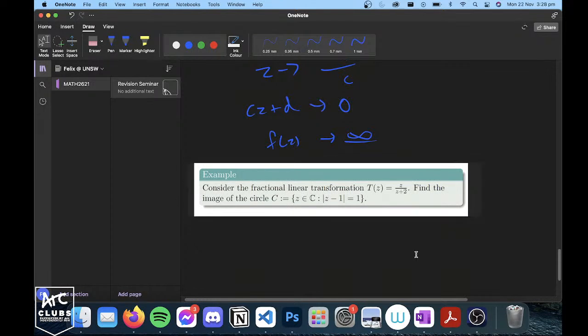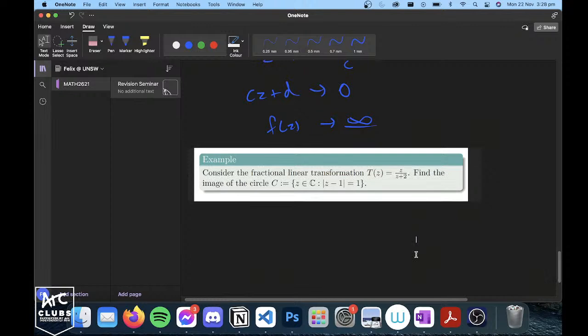If you find out that it's a line, all you need to do is find 2 points, and you're able to find the equation of that line. Otherwise, it can be a verifier that verifies your result. So consider the fractional linear transformation Tz is equal to z over z plus 2. Find the image of the circle C, where you basically have this circle, right?